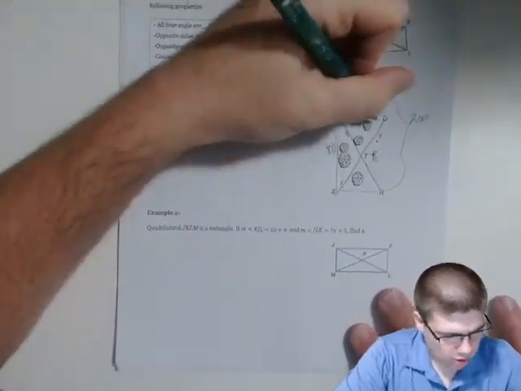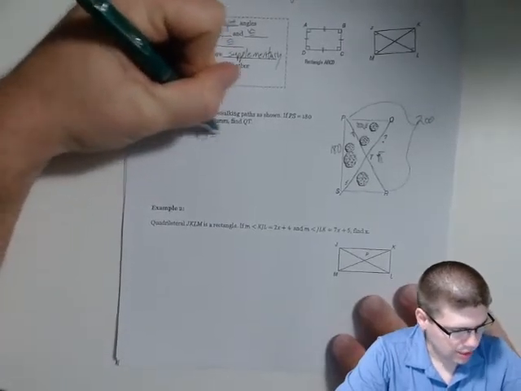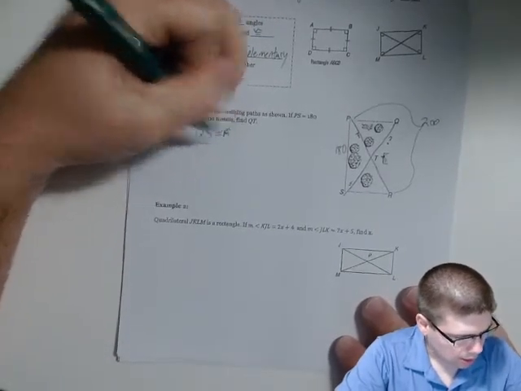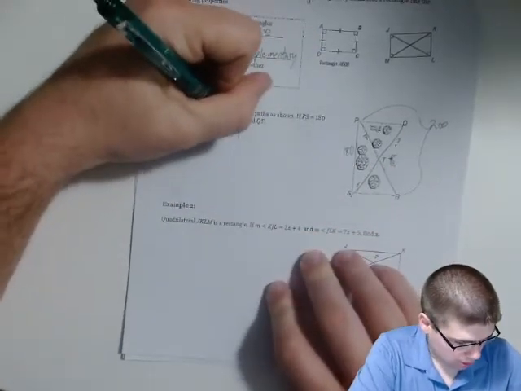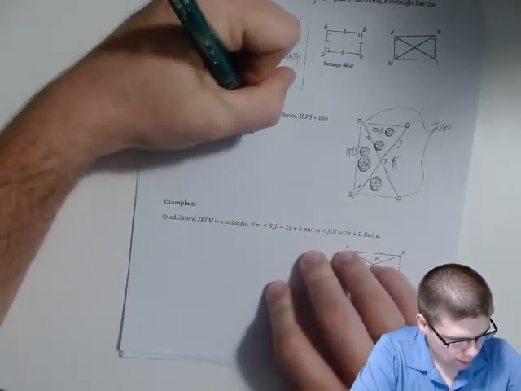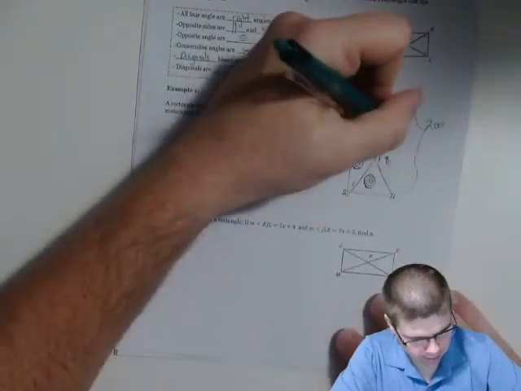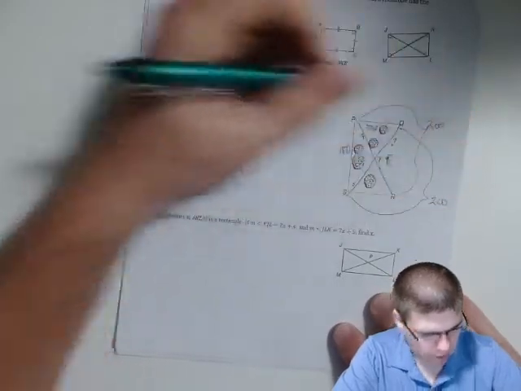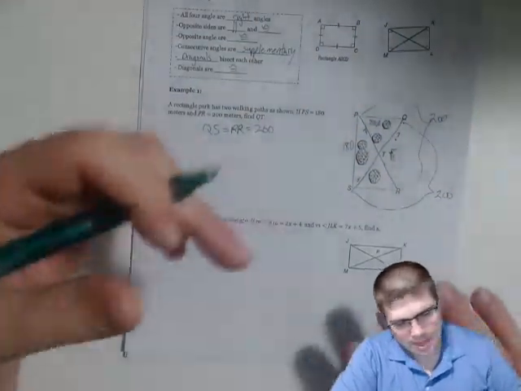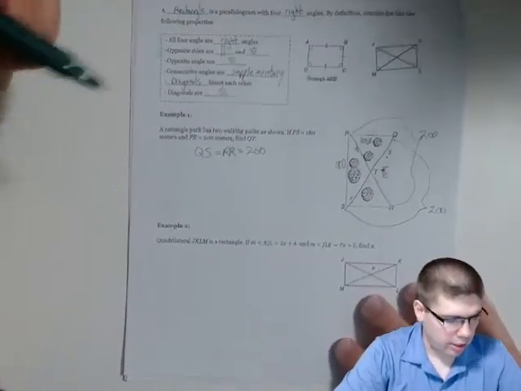Diagonals are congruent. Ultimately, this is what we want to know, QT. So I know that QS, I'm going to jot this down just to show some work, QS is going to be equal to PR. And PR is 200. So I know that QS equals 200. So this length here is also 200 because diagonals are congruent. And then diagonals still bisect, as they did with parallelograms.